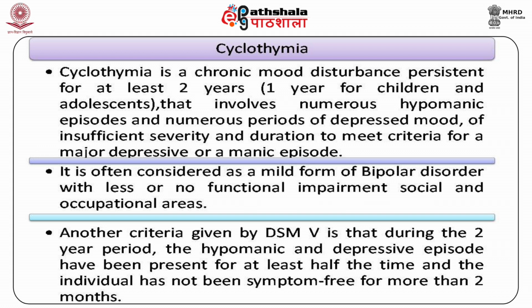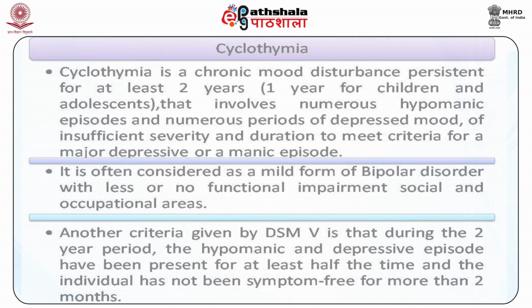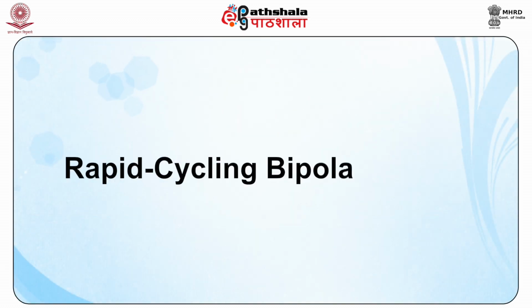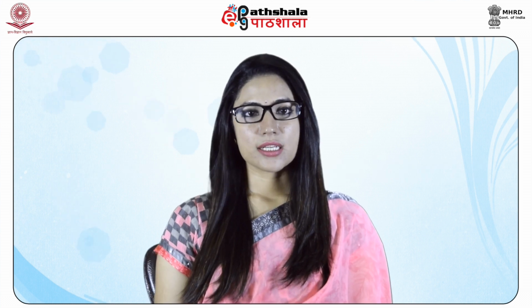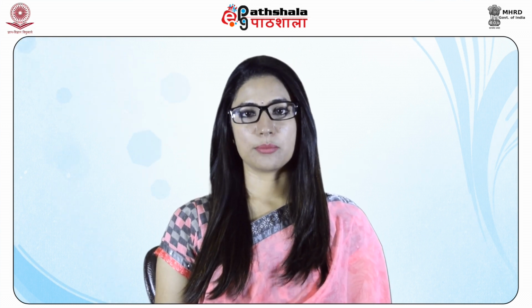It is often considered a mild form of bipolar disorder with little or no functional impairment in social and occupational areas. Another criterion given by DSM-V is that during the 2 year period, the hypomanic and depressive episodes have been present for at least half the time and the individual has not been symptom free for more than 2 months. Rapid cycling bipolar disorder. Cyclicity refers to the length of time between the episodes.